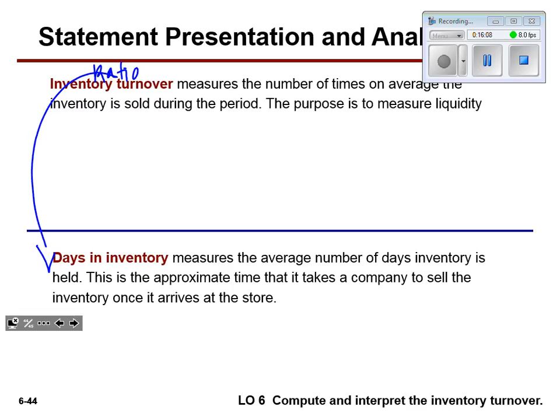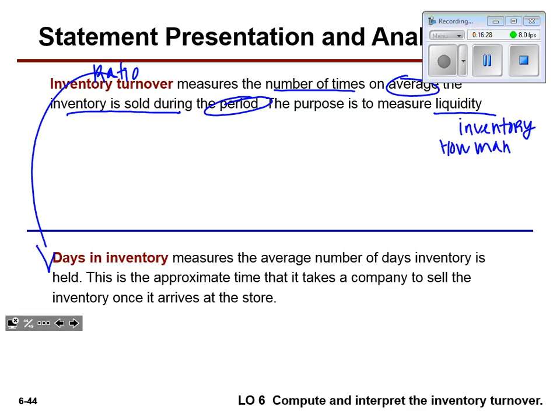Inventory turnover, the inventory turnover ratio measures the number of times, on average, the inventory is sold during the period. Its purpose is to measure liquidity. So taking the inventory and how many times in the period, most often that period is a year, will equal a sale in the form of cash.